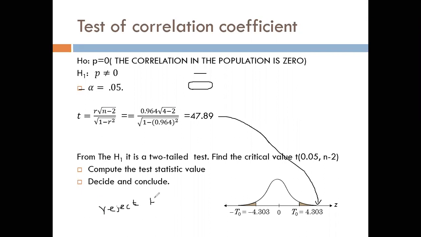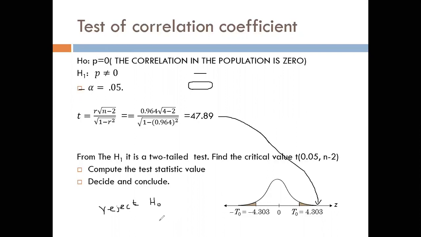If we've rejected the null hypothesis, then we are saying that indeed the correlation coefficient we estimated is not equal to zero.